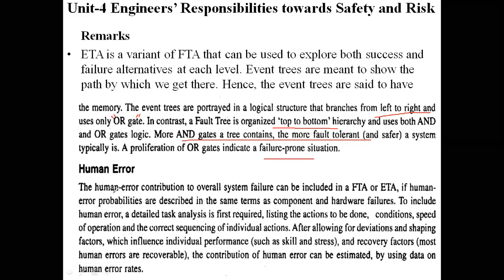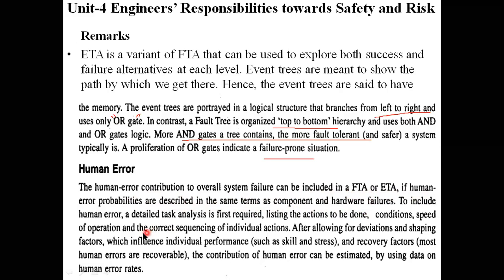Next one, human error. Human error contribution to overall system failure can be included in a FTA, fault tree analysis, as well as event tree analysis, if the human error probabilities are described in the same terms as component and hardware failure.